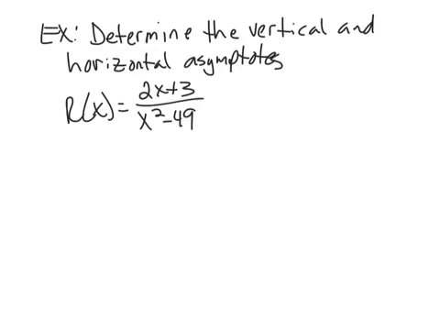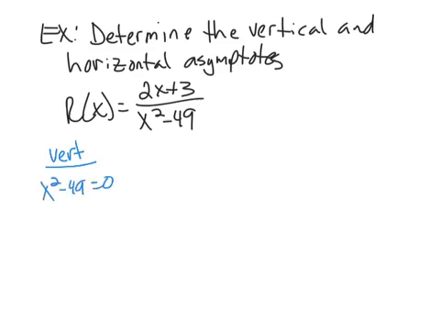Alright, so I'll demonstrate all of this with an example, and then we're going to graph this example in class. If you have your graphing calculator with you, then I'd encourage you to graph it on there as well. So we're going to find the vertical and horizontal asymptotes of this function. R of x is 2x plus 3 over x squared minus 49. For the vertical asymptote, we basically set the denominator equal to 0 and solve it.